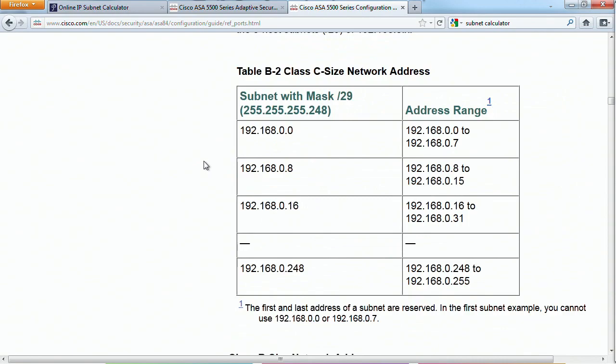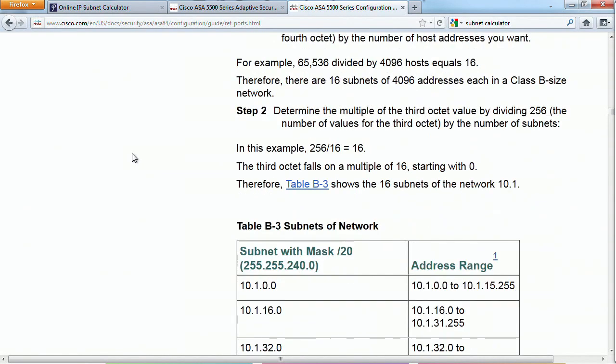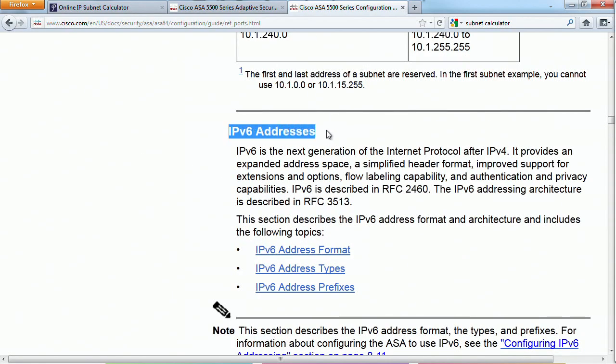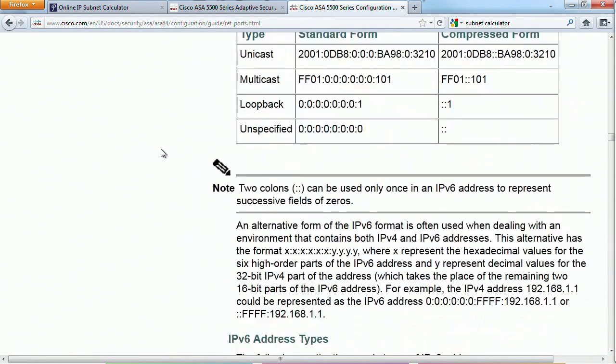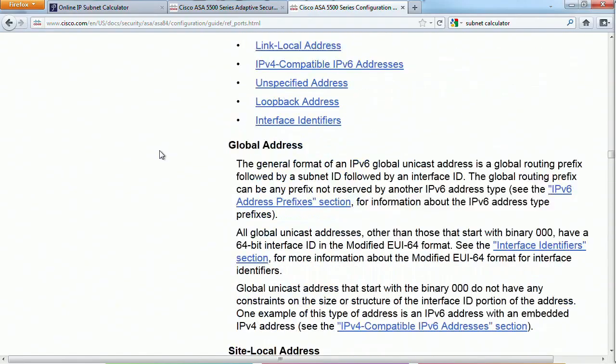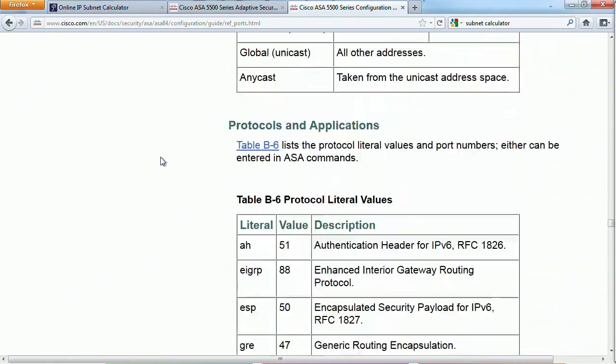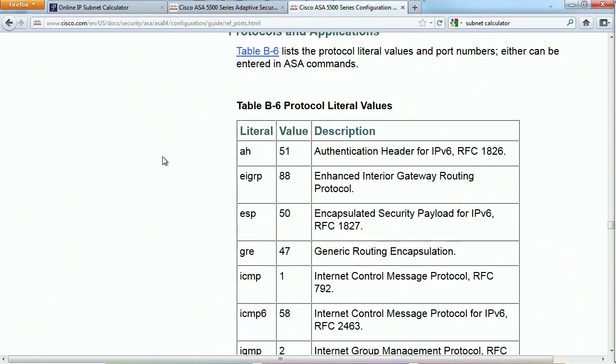Then here it goes into some more details like the subnet mask calculation. It also gives you a quick reference for IPv6. We'll be talking about this a little bit later, how the address format for that works. Then it also goes over what are some of the different IP protocol numbers.